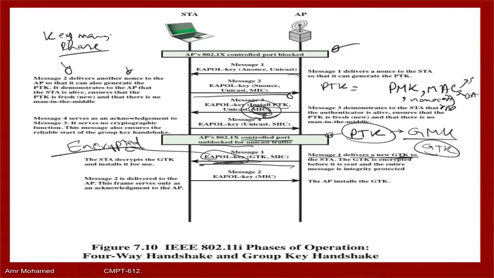Okay? So this message would be encrypted. If I have the pairwise transient key, or specifically the key encryption key, I will be able to decrypt this, and then I will provide the confirmation that I have received. So this has to be done for all the stations.